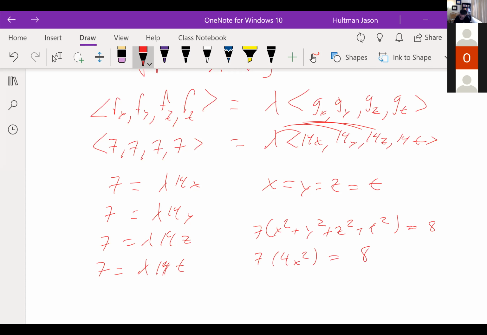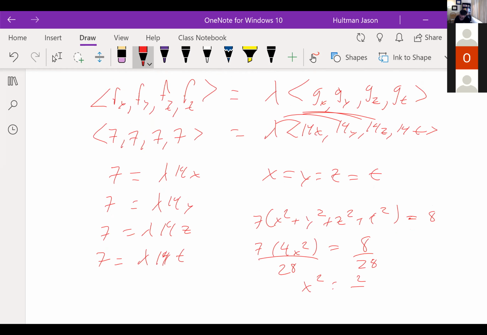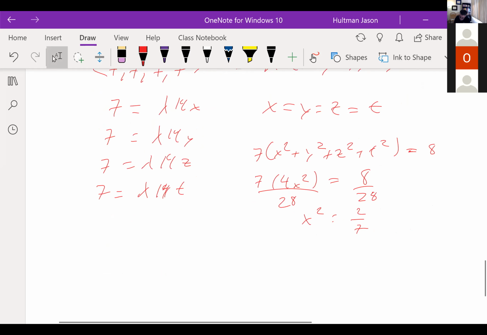Divide by 28, and we're going to get x squared equals 2 over 7. So x equals plus or minus radical 2 over 7.